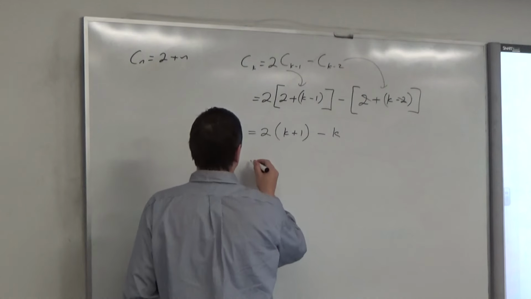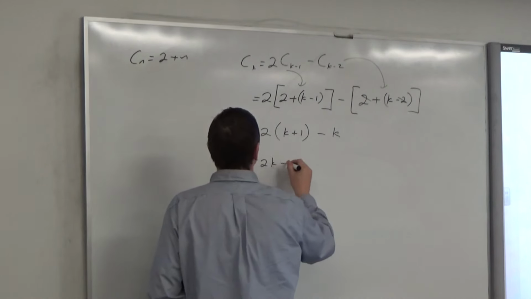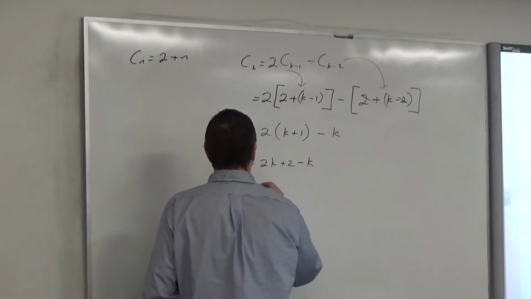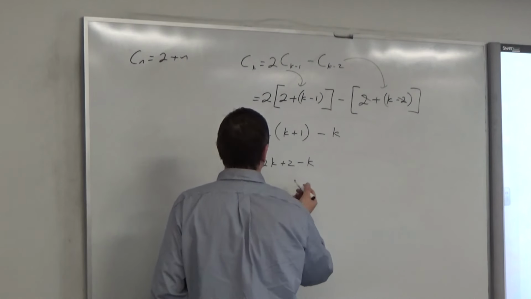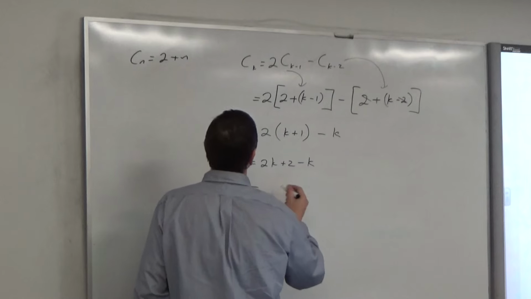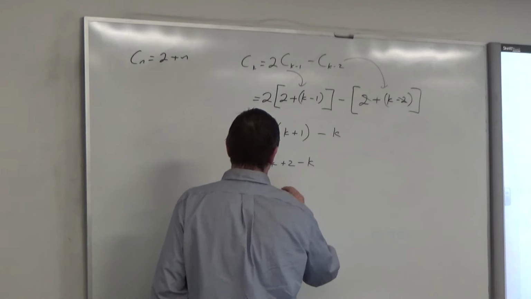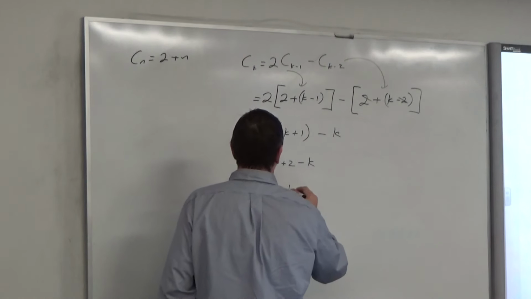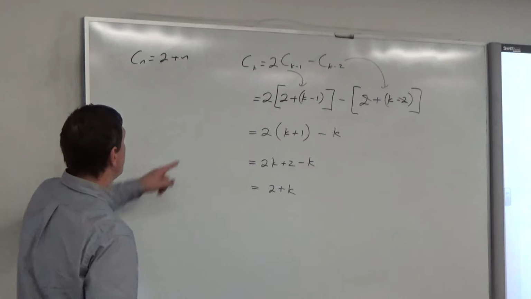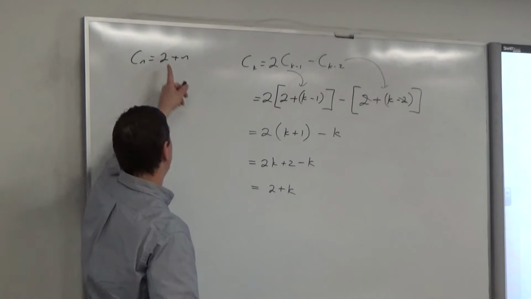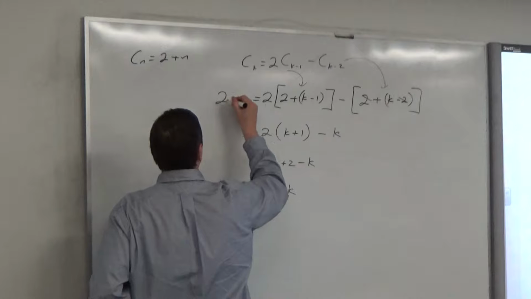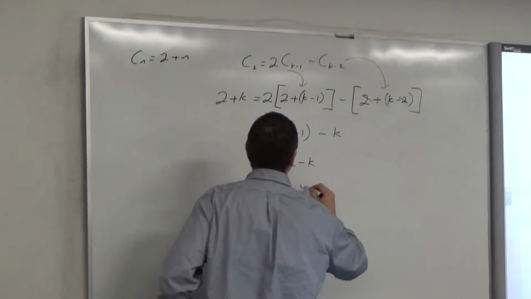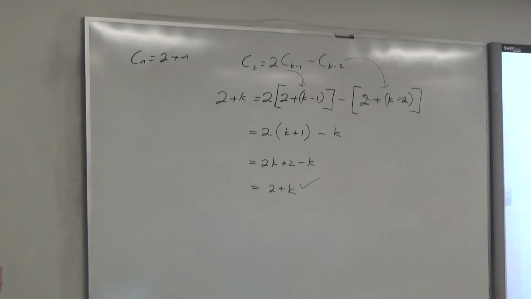We can distribute. We get 2k plus 2 minus k, or in other words, that just becomes k plus 2, or 2 plus k. Okay. All right. And of course, we still have to substitute back in here, but that's just 2 plus k anyway. So it looks like it works out rather nicely.